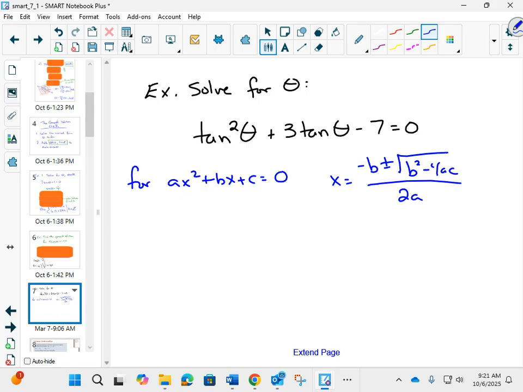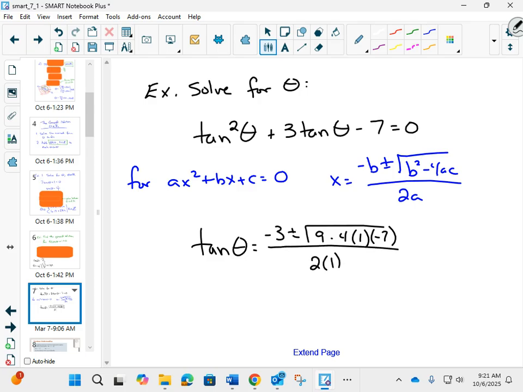But we don't have an x squared, we have a tan squared. So if we're going to solve for this, instead of x equals, we would write tan theta equals. Our b value is 3, so negative 3 plus or minus b squared would be 9. Minus 4 times a is 1, and c is negative 7 over 2 times a.